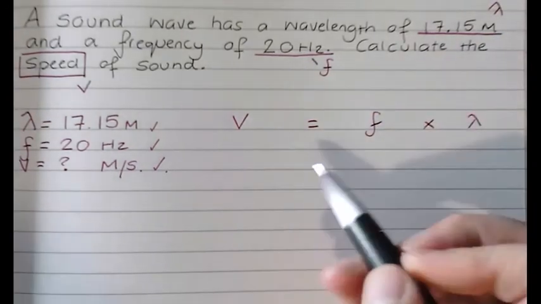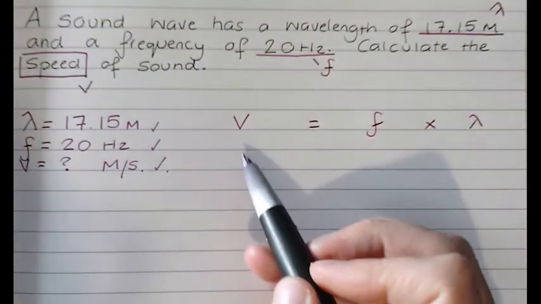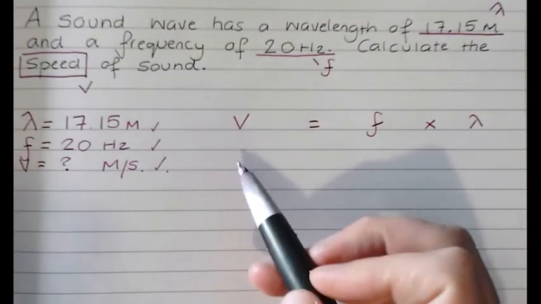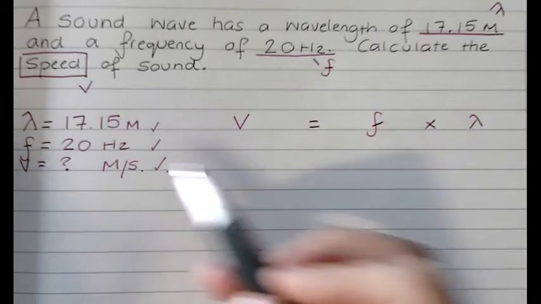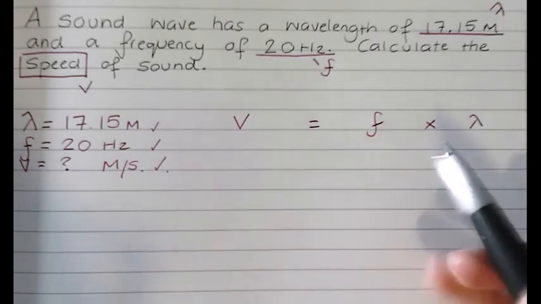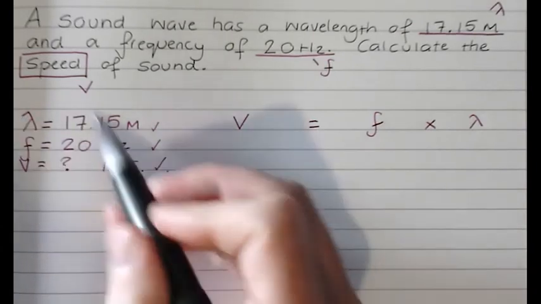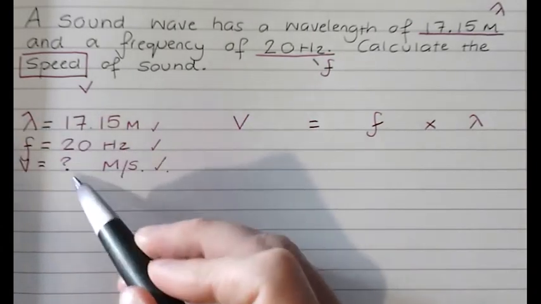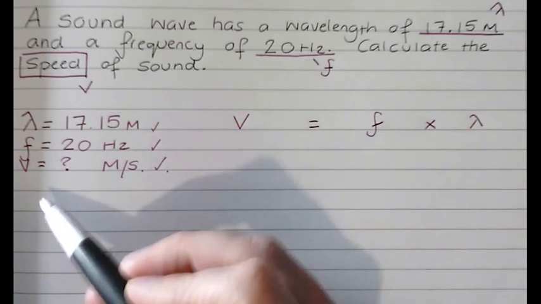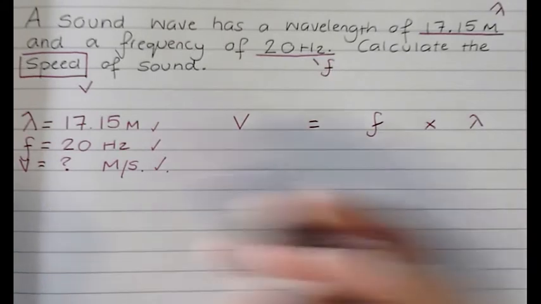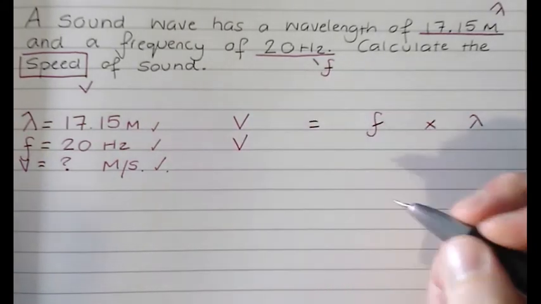Now, once we've got our equation, what we're going to do is we're going to substitute. So we're going to substitute our values straight into there. So rather than having V, we go down to here and we see what V is. Well, V is currently a question mark. So we could put a question mark, but it's easier to keep it as V. So we're going to keep that as V.